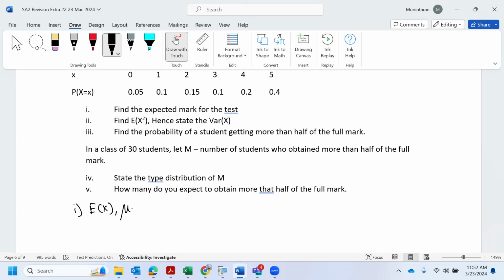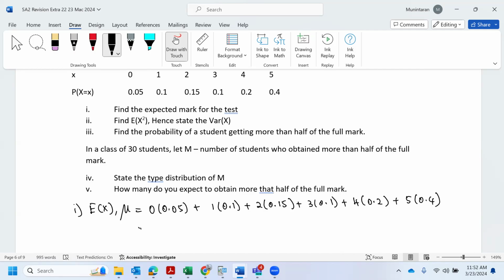So that means the random variable 0 times the probability 0.05, plus the random variable times the probability, and so on for each value.